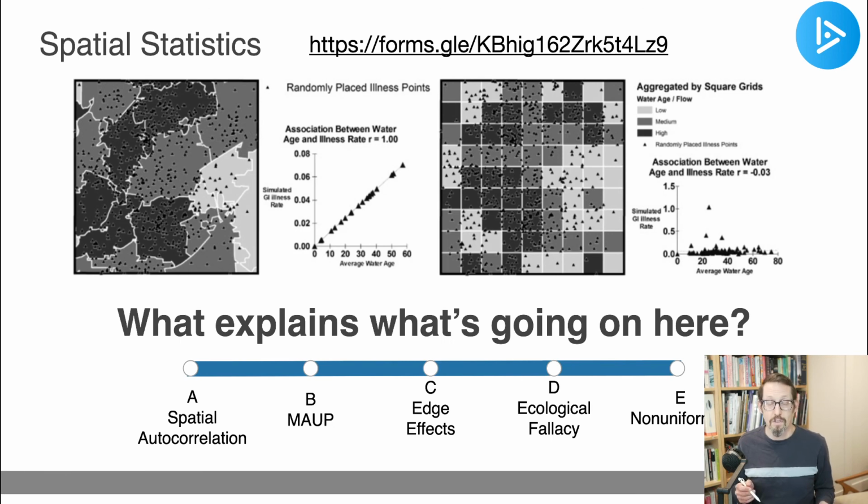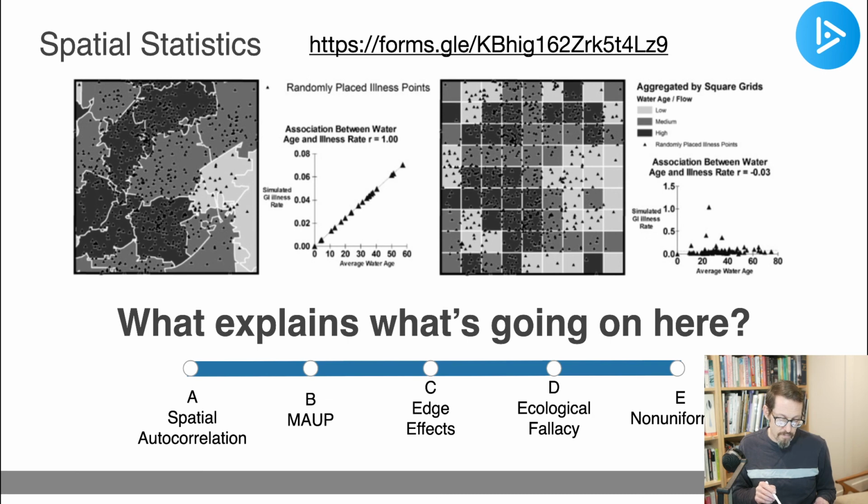So if we have a certain kind of map like this on the left, we draw a map that's relatively large in area and not uniform, and we draw random samples in the simulation study. Well, we do indeed see this strong correlation between how long the water has sat around and the number of illnesses, a rate per 100,000 people, say.